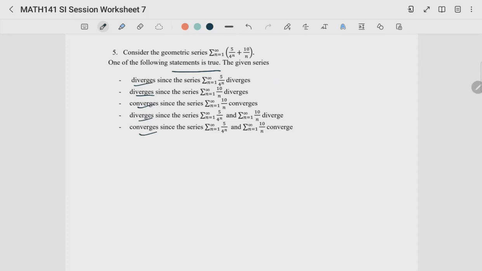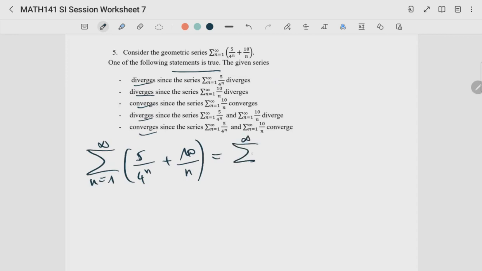Well, the sum is given to us, right? So we have the sum from n equals 1 to infinity of 5 over 4 to the n plus 10 over n, which can be divided into the sum of two separate series: the sum of one geometric series, which is 5 over 4 to the n, plus the sum of a p series, which is equal to 10 over n.